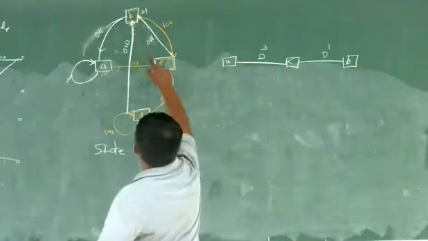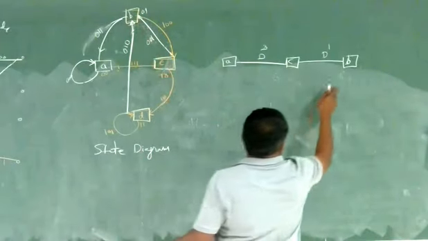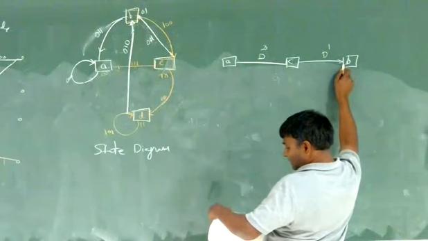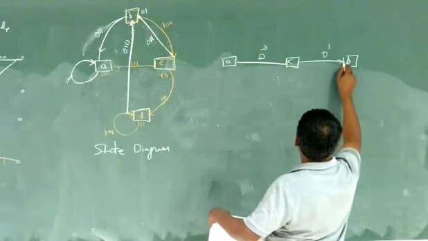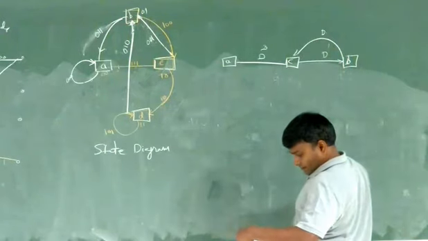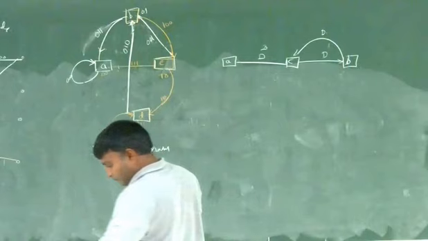From B, you can also go to C, and the Hamming weight is in this other direction, D raised to 1.